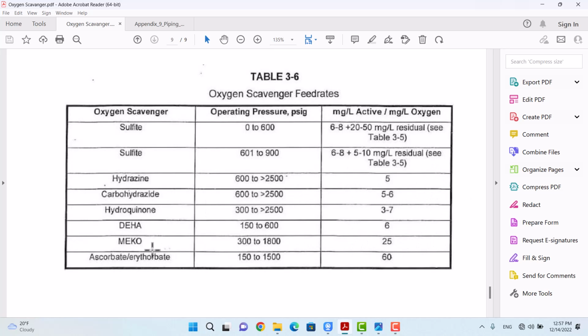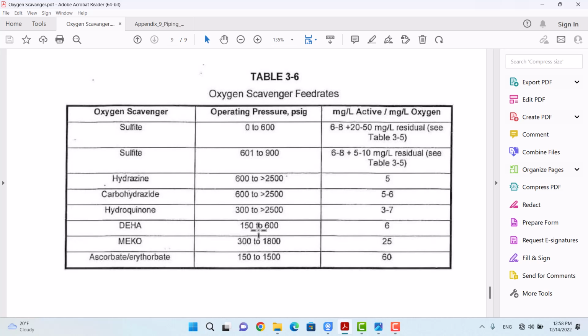For instance, I want to replace the DEHA with carbohydrazide because of two reasons. First, since one of my steam drums is operating at high pressure, I want to make sure that at high pressures there is no breakdown of the oxygen scavenger, in the long run for instance. But this might happen for DEHA because it is not suitable for high pressure steam.